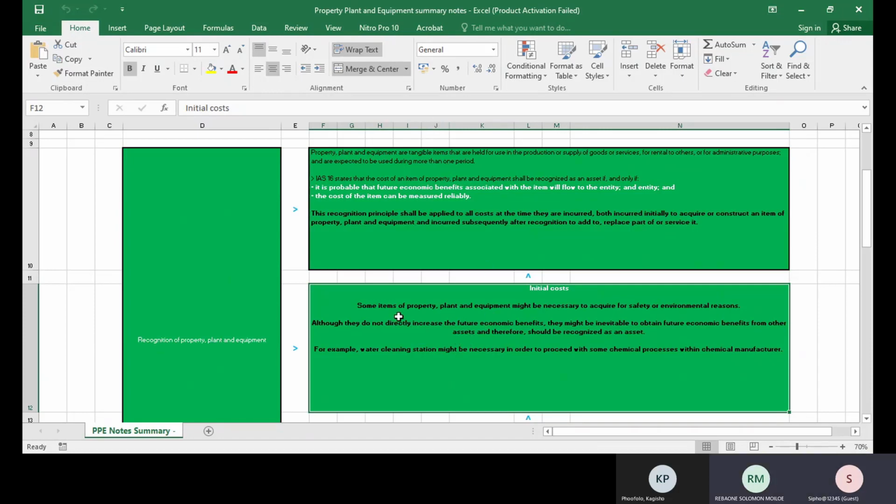Some items of property, plant, and equipment might be necessary to acquire for safety or environmental reasons. Although they do not directly increase the future economic benefits, they might be inevitable to obtain future economic benefits from other assets, and therefore should be recognized as an asset.